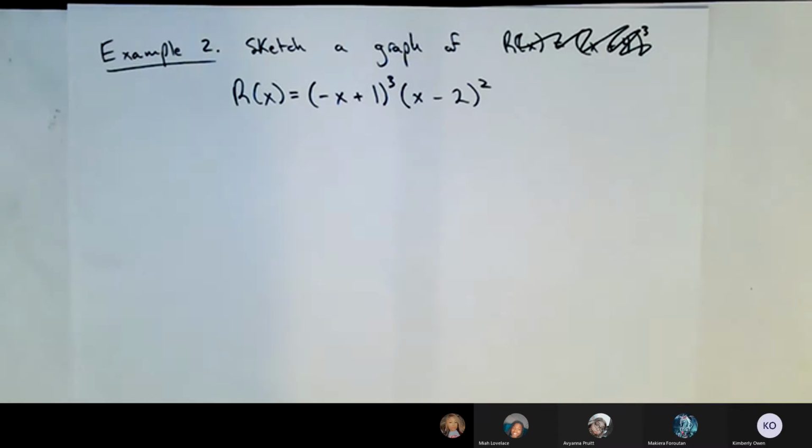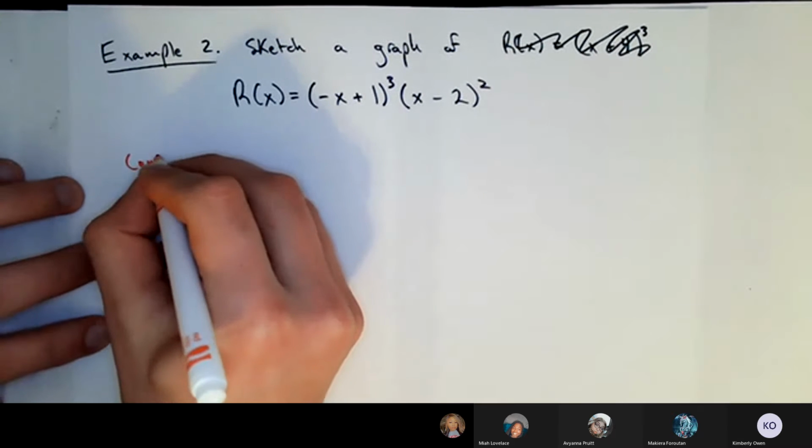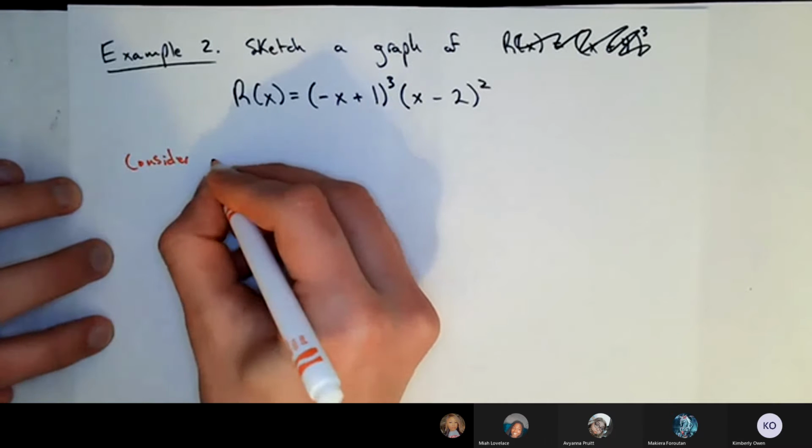Okay, first thing is looking at end behavior. That's a problem though, because we don't know the leading term.